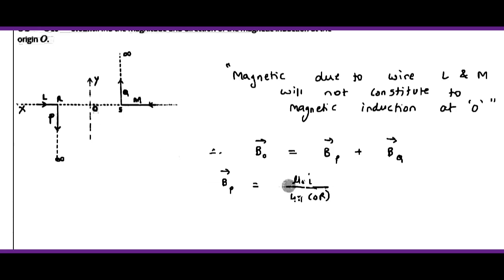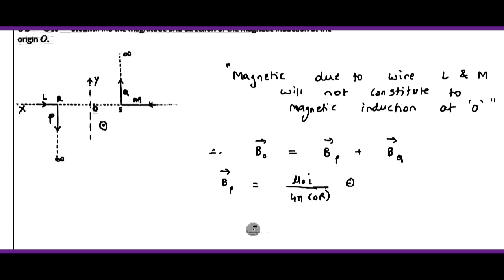So this is the magnitude of the magnetic field we are getting, and if we wish to find the direction, so direction can be given by right hand thumb rule. Thumb should point in the direction of current, that is downward, and curling the finger around this, so finger that is it will come outside, the magnetic field direction will be outside, or we can say represent it with a dot. So this is how the magnetic field due to wire P we have calculated.